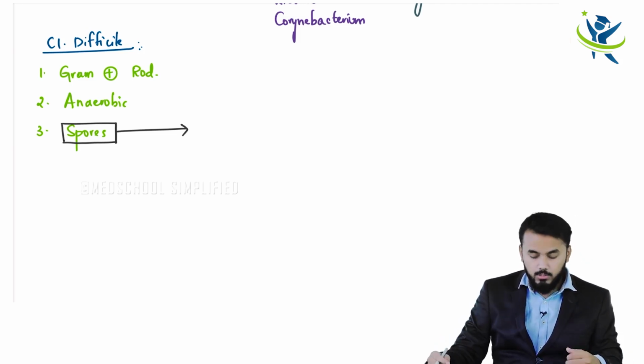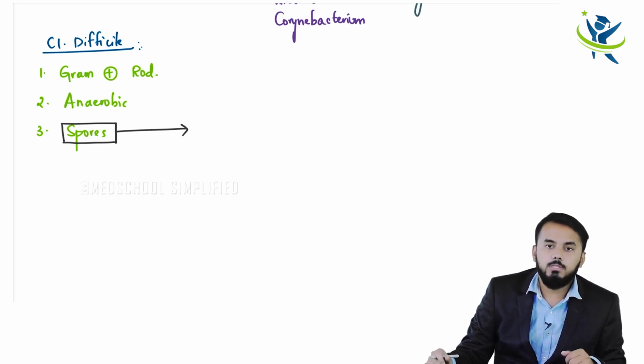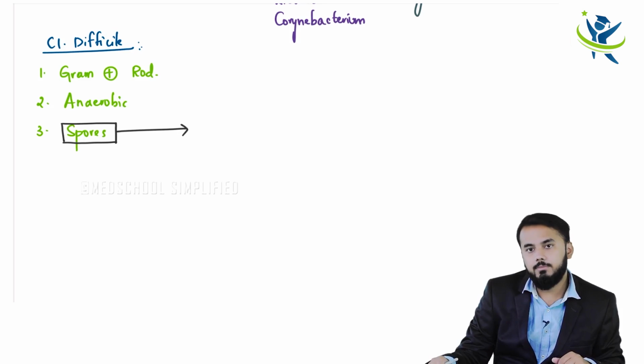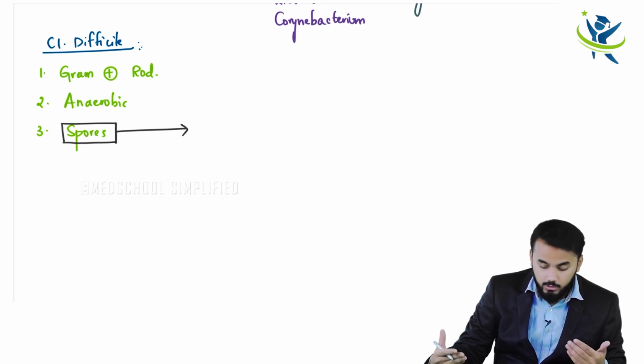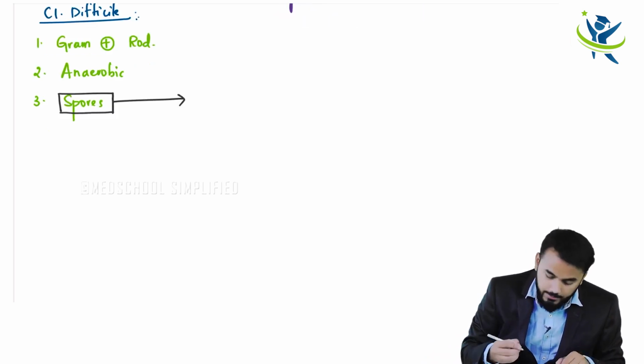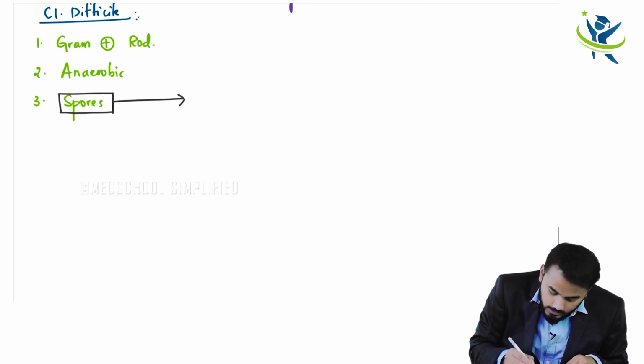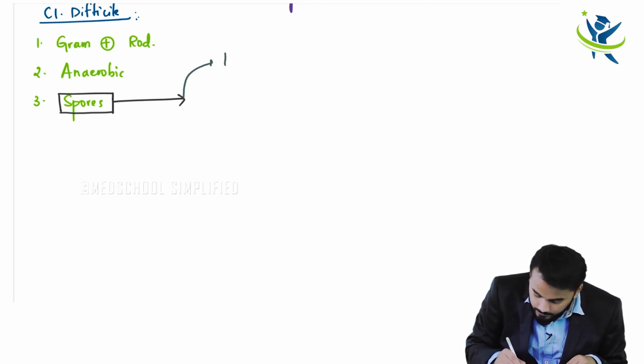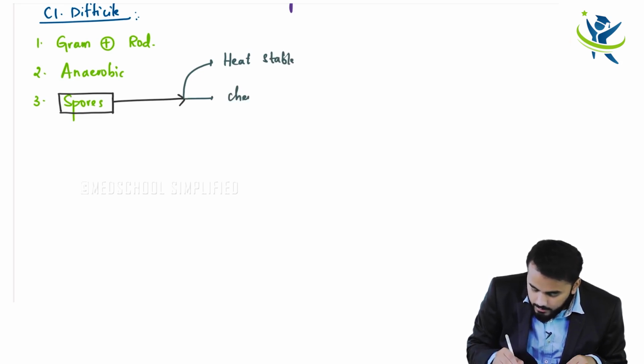But spores are heat stable, and at the same time chemically stable, so they are heat and alcohol resistant. Let me write this down: spores are basically heat stable and chemically stable.